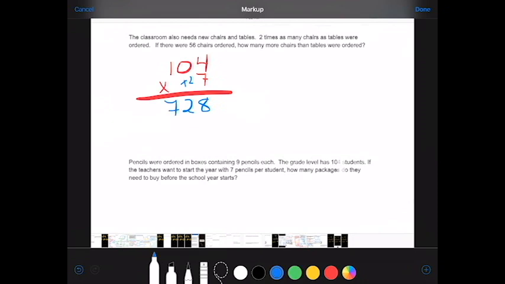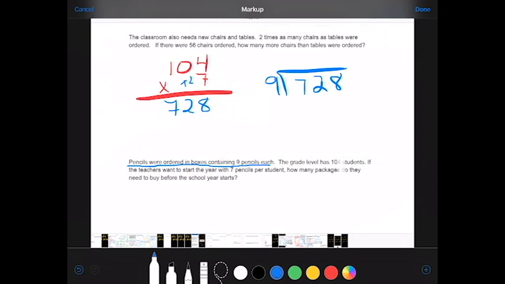So the grade level will have to buy 728 pencils altogether. But the pencils come in boxes of 9, right? So now I have to take that 728 and divide it by 9 to see how many boxes I need to buy.